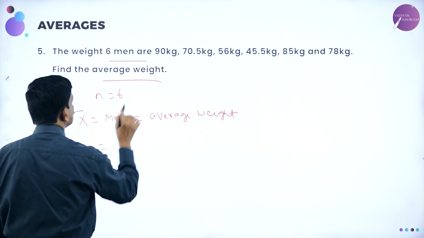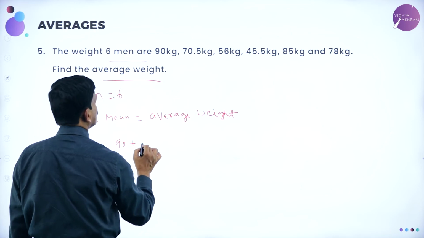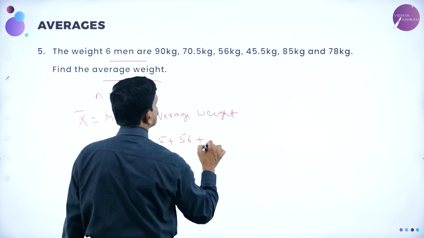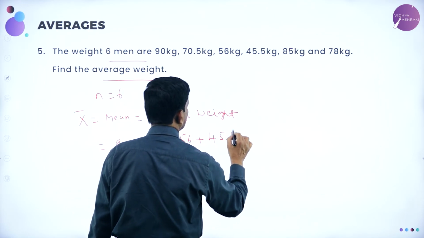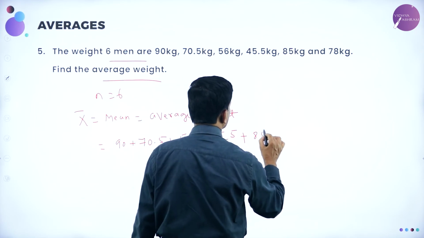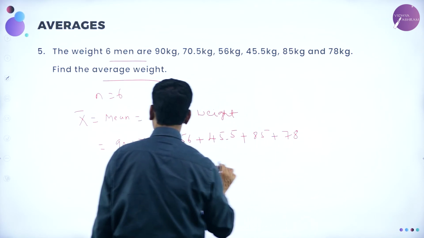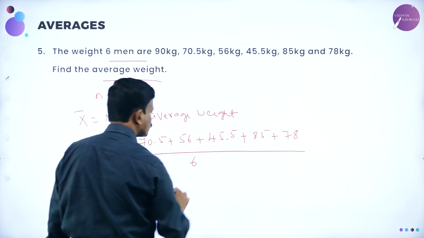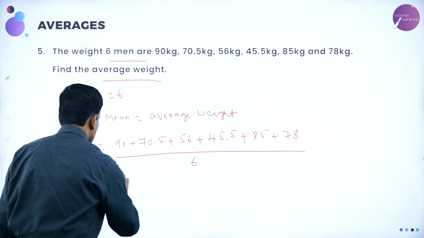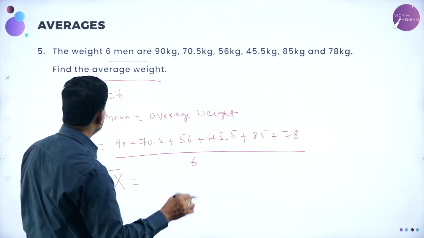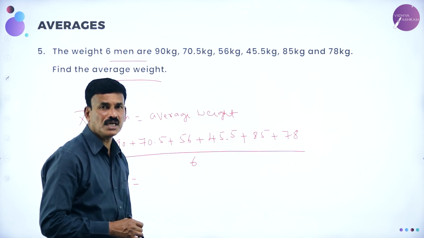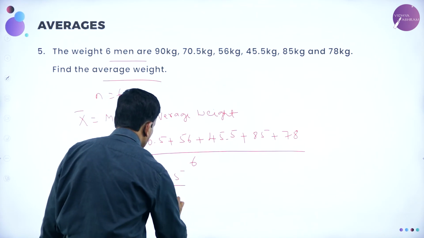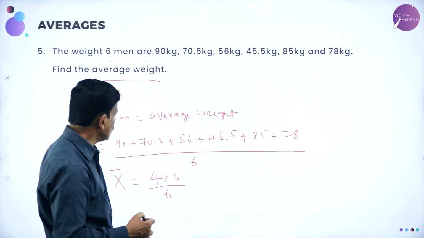So, this is equal to, just add 90 kg plus 70.5 kg plus 56 plus 45.5 kg plus 85 kg plus 78 kg, whole divided by 6. n is equal to 6. If you add this, you are going to get 425 divided by 6.